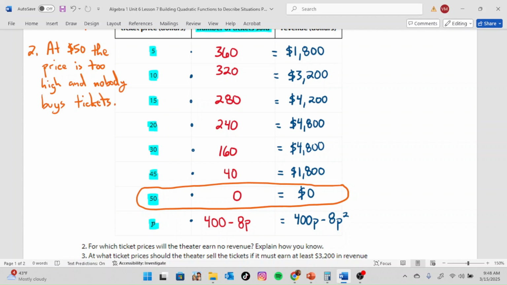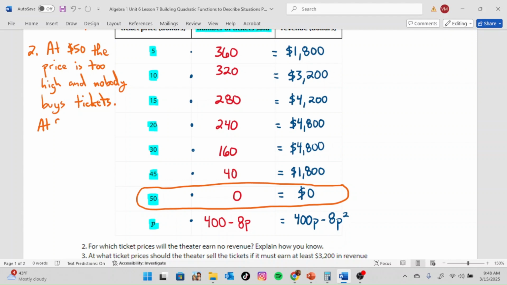The other price that this would happen at, there's two ways to get 0 as your answer when you're multiplying. In the first case we just pointed out, that's when the number of tickets that you sell is 0. The other way this could happen is if the price of the tickets was 0.